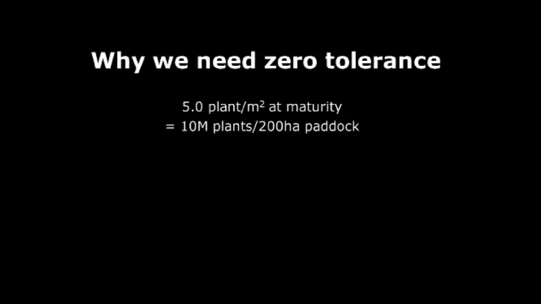So why do we need zero weed tolerance? Well, that top line in that previous graph averaged around 5 plants per metre squared at maturity. So that works out, on a roughly average paddock size of 200 hectares, to be about 10 million plants in that paddock.